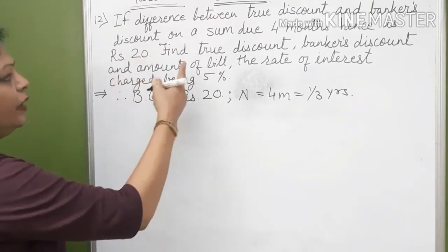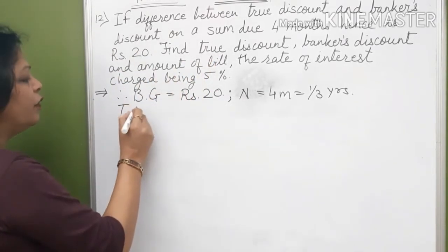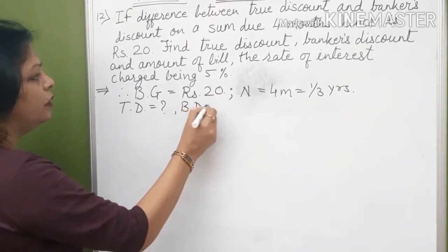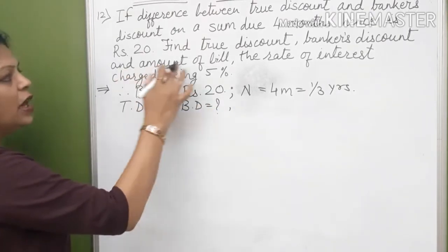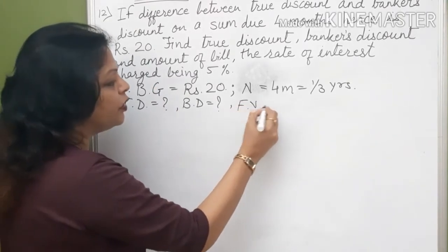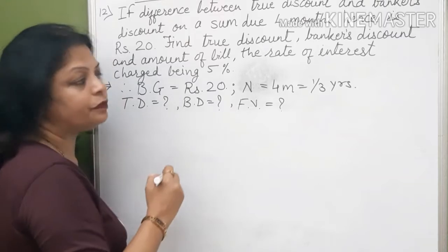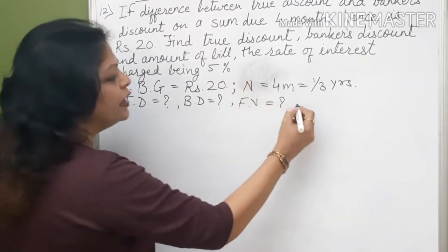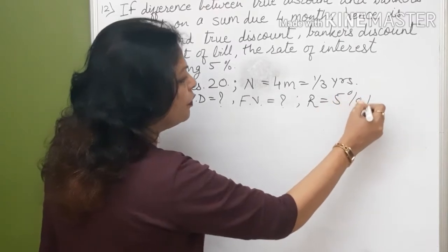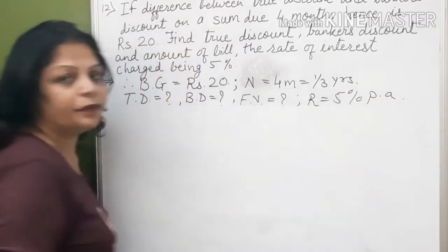We have to find true discount, banker's discount and the amount of the bill. That means you have to find the face value, which is also equal to sum due. The rate of interest being 5%, so R is equal to 5% per annum.